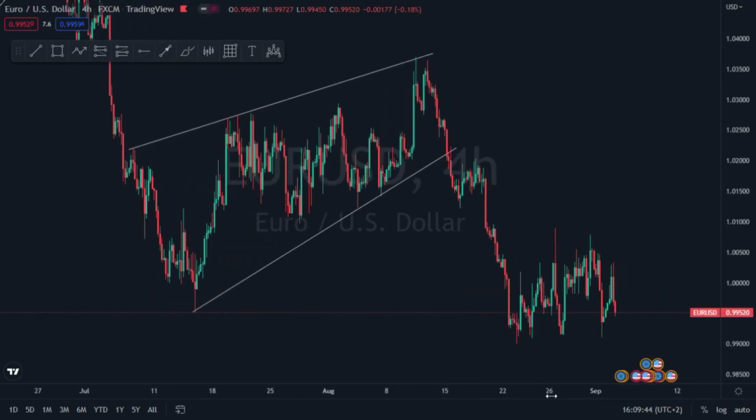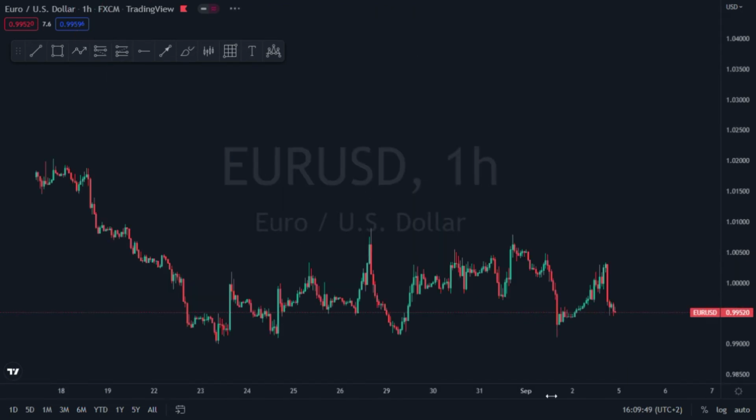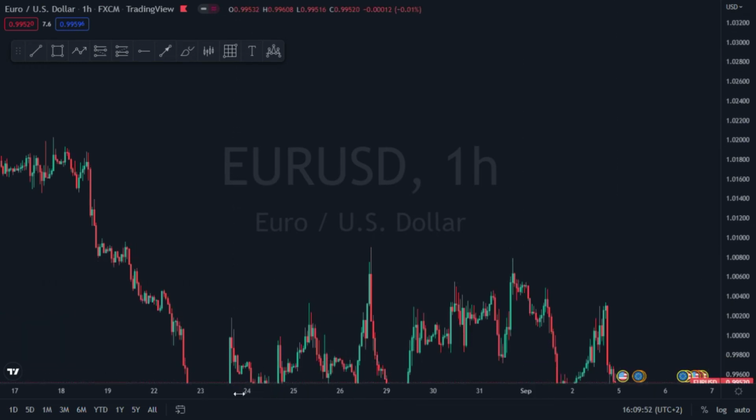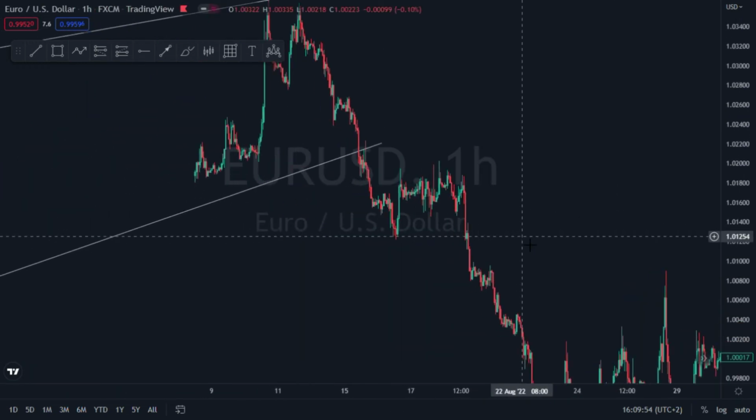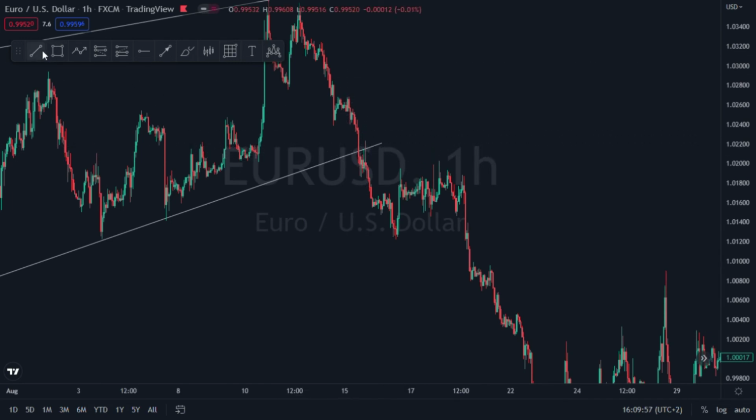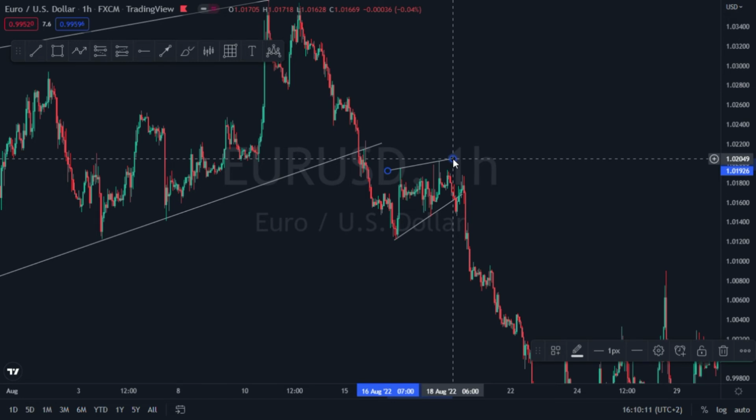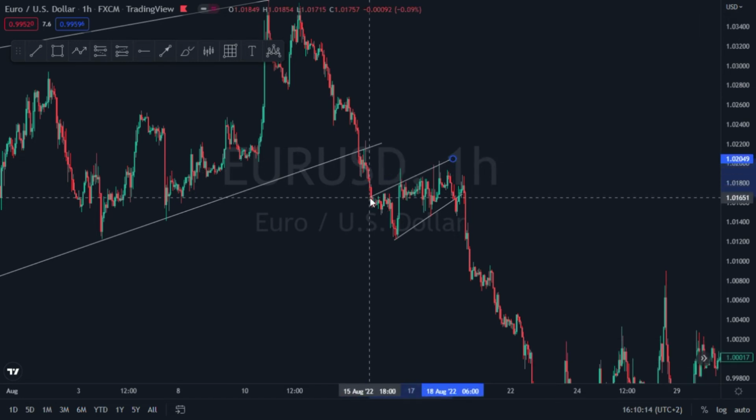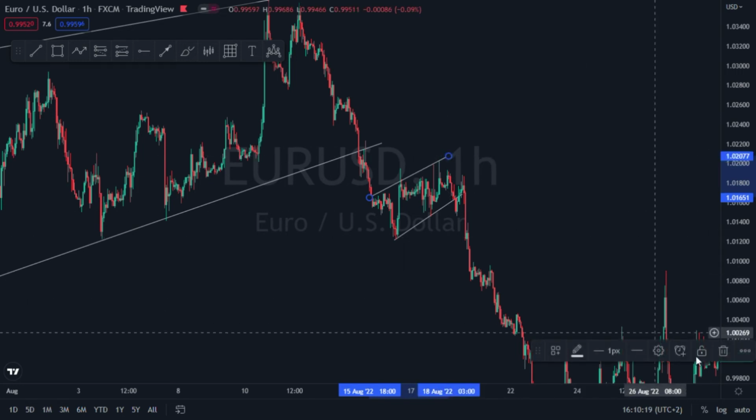If I scale it down more to the 1 hour time frame, we can see that the market has been creating opportunities. After a breakout of that structure, the market continued to give us more of those bearish flags. This was a nice pattern that the market was indicating it's going to continue moving to the downside.